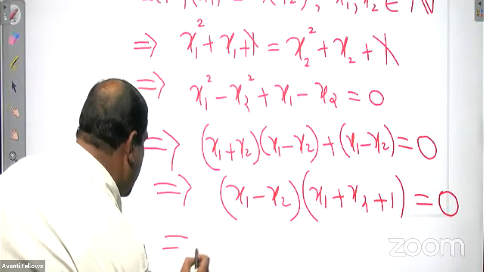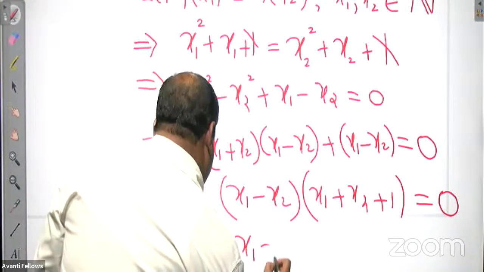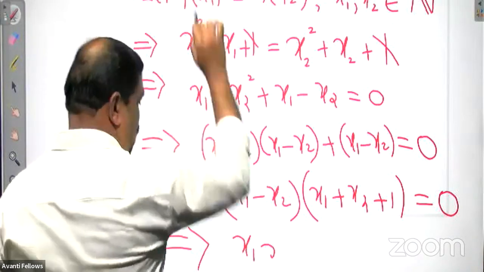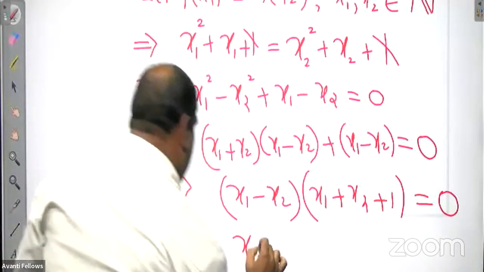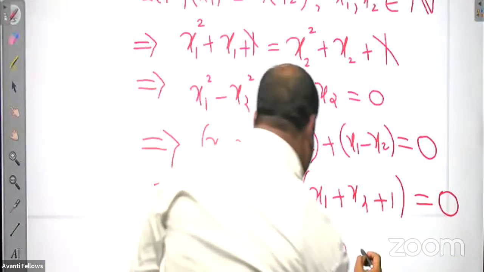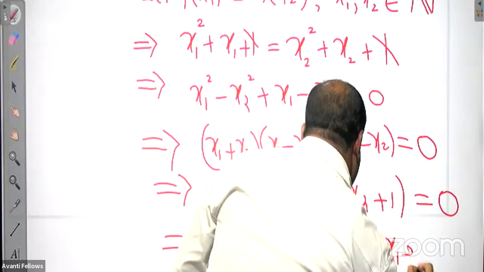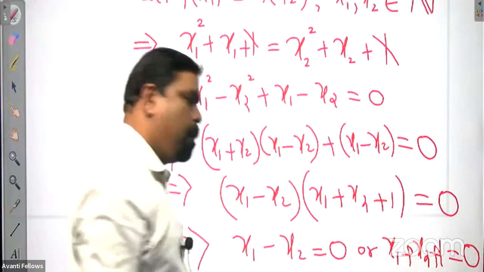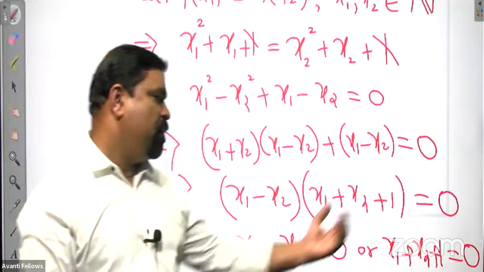Now this implies, we know the product of two terms equals 0. That indicates that either the first factor, x1 minus x2, equals 0, or x1 plus x2 plus 1 equals 0. Either the first factor is 0 or the second factor is 0.